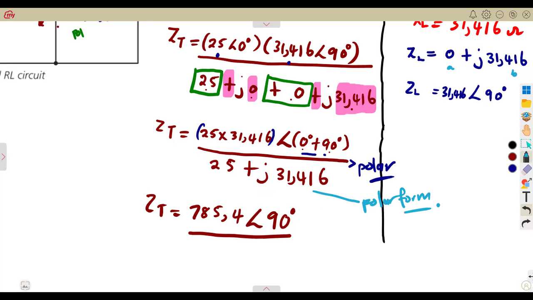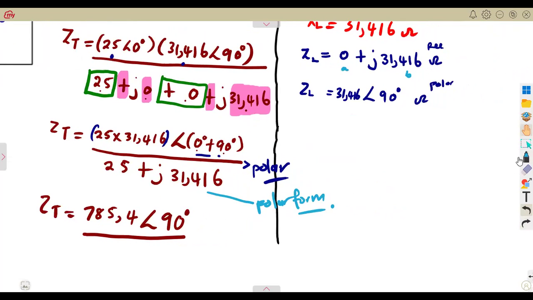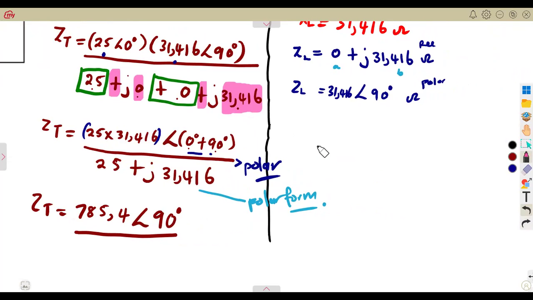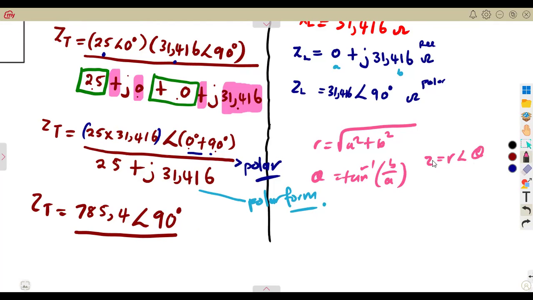So guys, your polar form is not going to change. You are going to apply that part: R being the square root of A squared plus B squared, theta being arctan of B over A, where Z is given as R angle of theta. Or you can simply substitute directly.